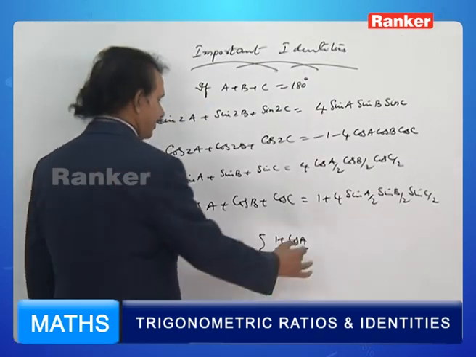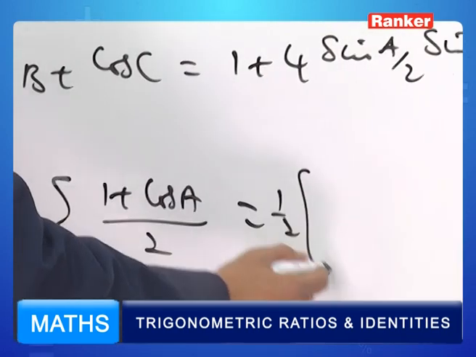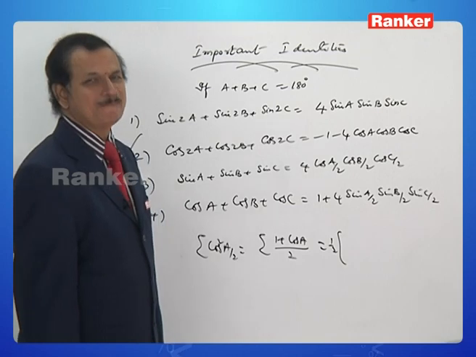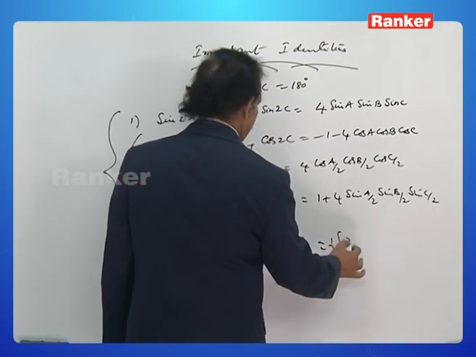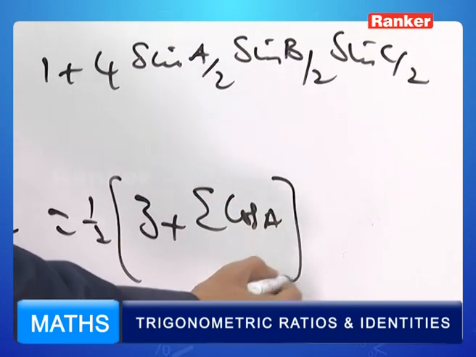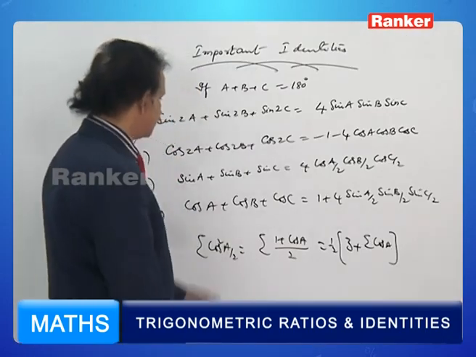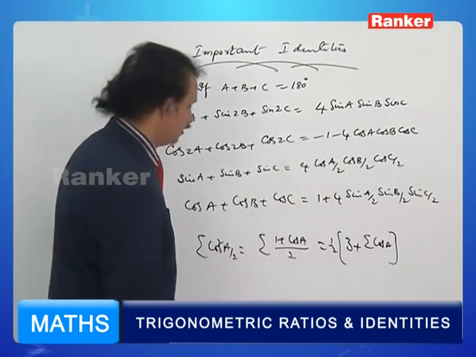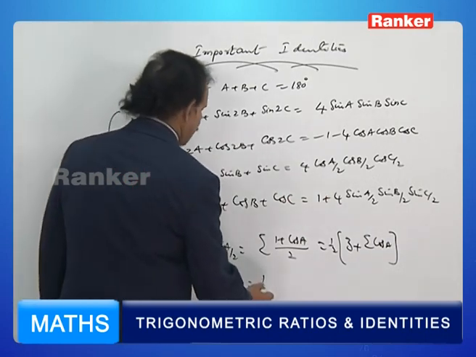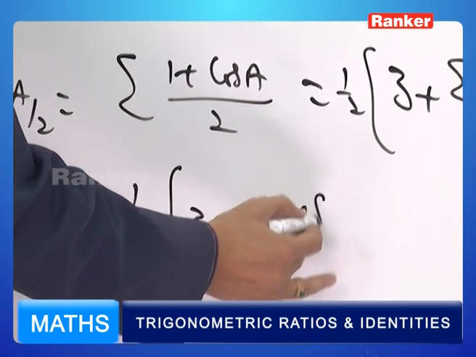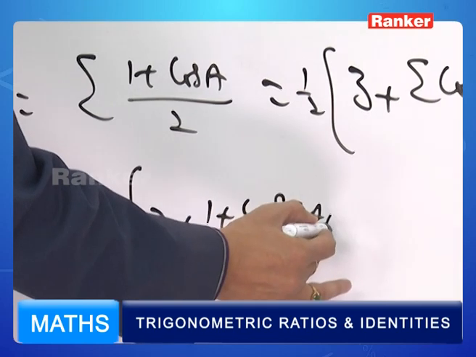So it is half into (1 plus cos A) plus (1 plus cos B) plus (1 plus cos C). It is nothing but 3 plus sigma cos A. Well, in the place of sigma cos A, what are you able to write? 1 plus 4 sin A by 2 sin B by 2 sin C by 2. It's nothing but half into 3 plus 1 plus 4 sin A by 2 sin B by 2 sin C by 2.